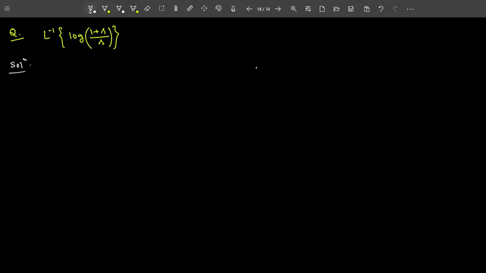Solution. So obviously here f of s is equal to log of (1 plus s) divided by s. So you can write this as log of (1 plus s) minus log of s. Clear? Okay.